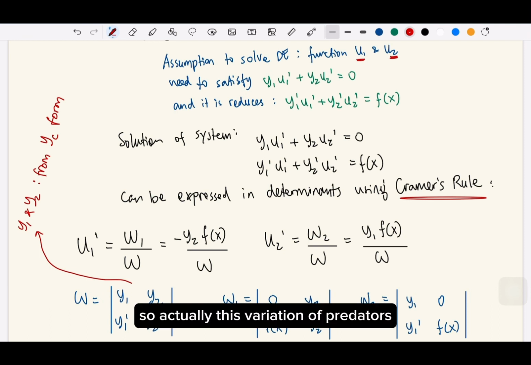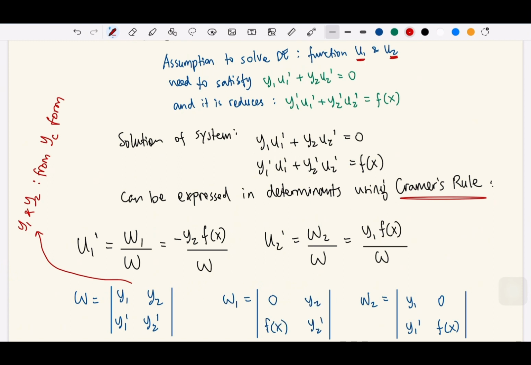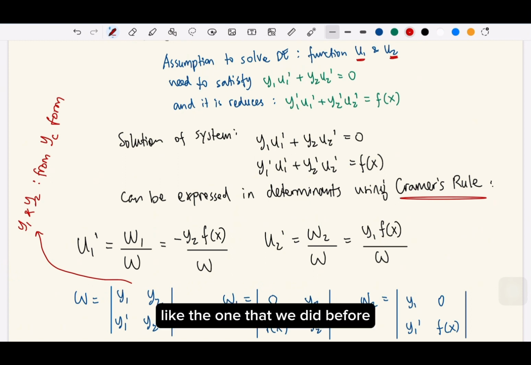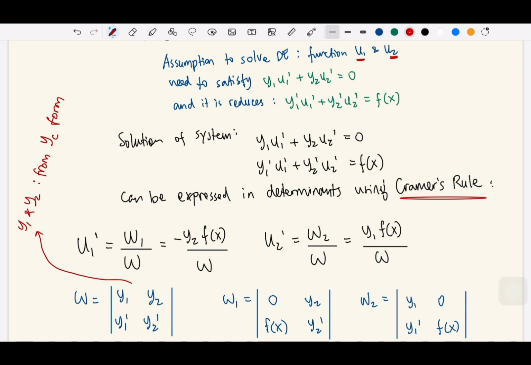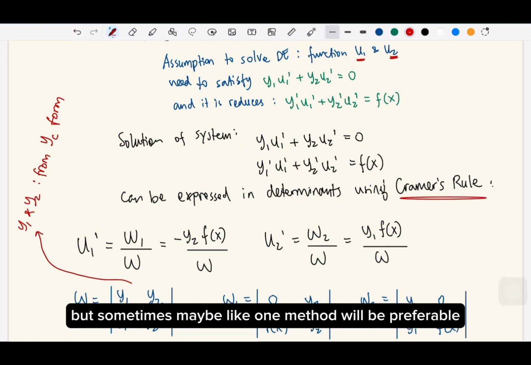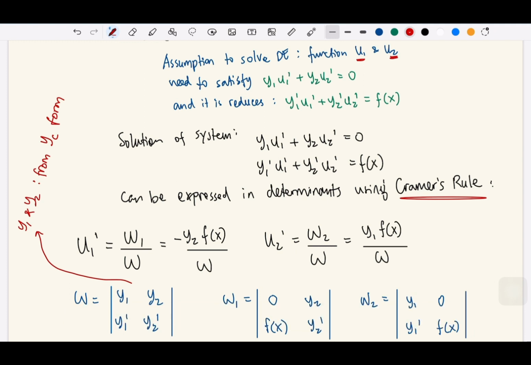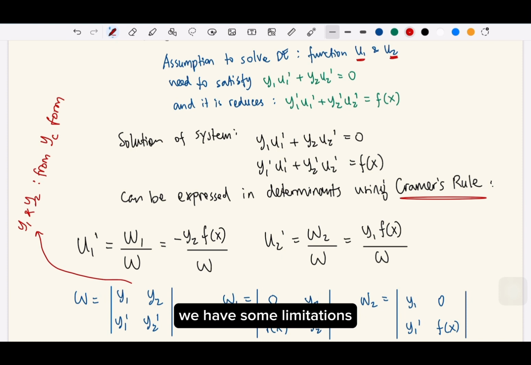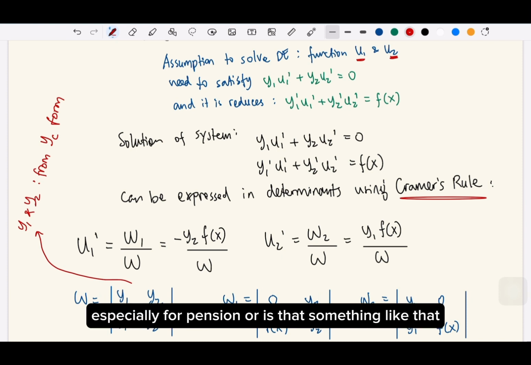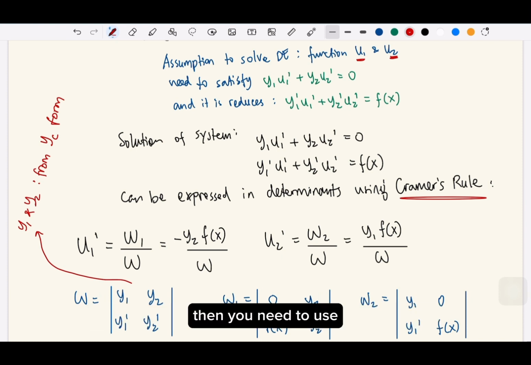Actually, this variation of parameters works for most cases. The ones we did before, we can try using this method too. But sometimes one method is preferable to the other. The previous one has some limitations, especially for tangent or something like that, then you need to use this method, variation of parameters.